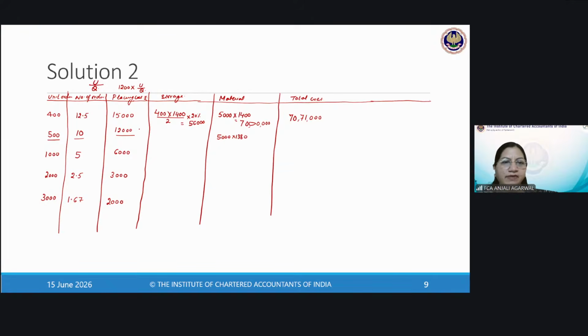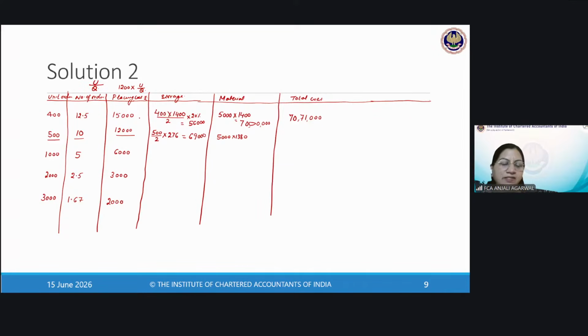So I can say 500 units ordered, on an average 250 units held, multiplied by, instead of 280, 276. So 1380 into 20%. So 250 into 276, your storage cost will increase to 69,000.